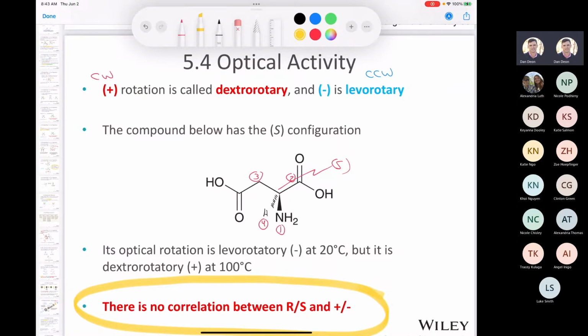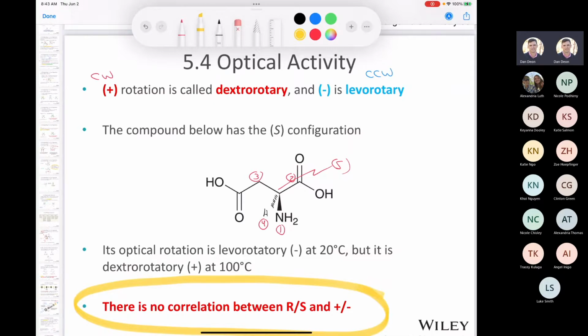Just because a compound is R, you have no idea whether it's going to rotate the plane polarized light in the dextrorotatory or the levorotatory direction. You have to do the experiment. You've got to measure it yourself. End of story. No scientist can look at a compound and say, I think this one is going to be R, people.